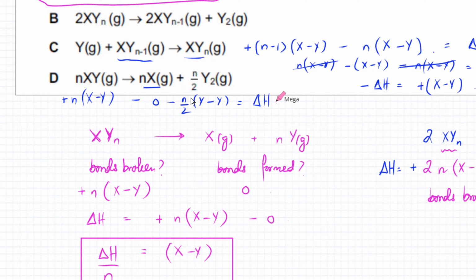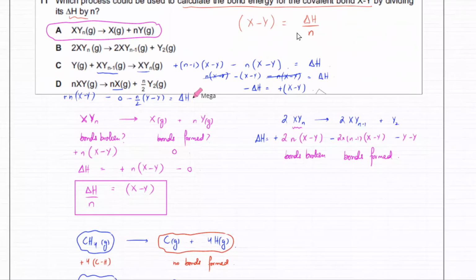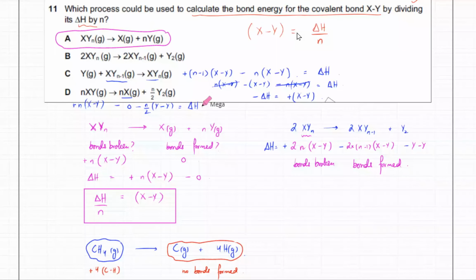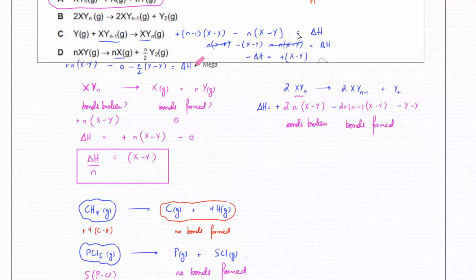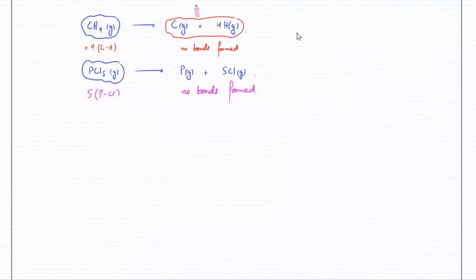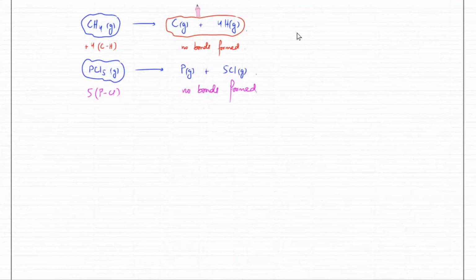Okay, so let's now discuss just one more thing. This is probably the toughest question that you can get. Most of the questions are going to be kind of straightforward. All you have to do is be careful with the calculation. So let's do one more thing, and that is bond strength.